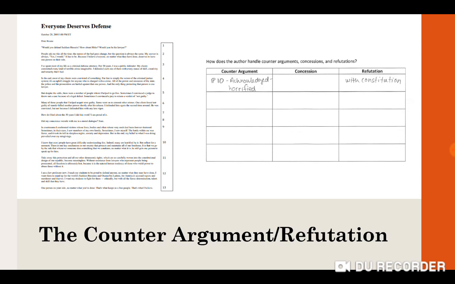Okay, next is the counter-argument. He really only has one, and that is in paragraph 10, where he says, "I know that most people have great difficulty understanding this. Indeed, many are horrified by it." And so this is where he's acknowledging that his opposition, people who don't agree with him, are going to be pretty horrified by what he's saying.